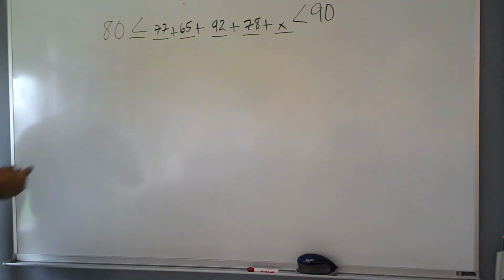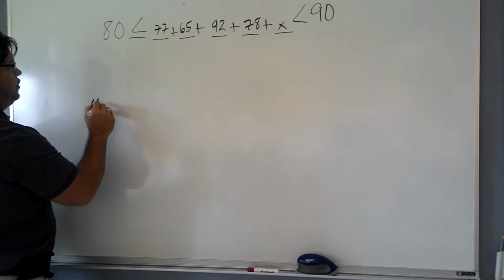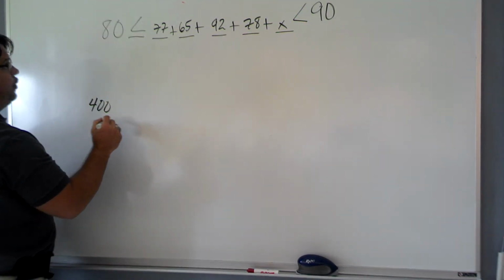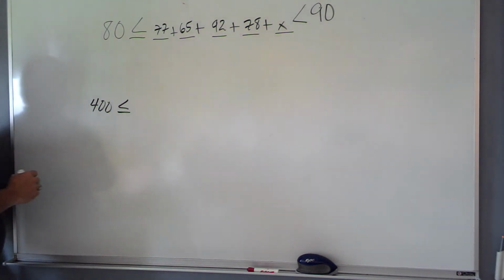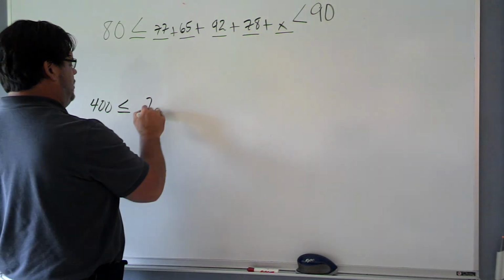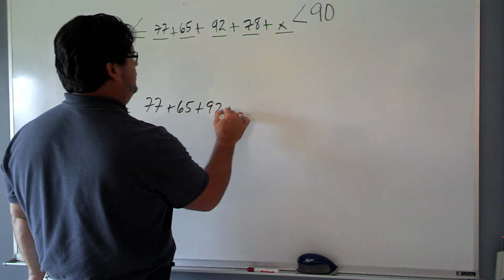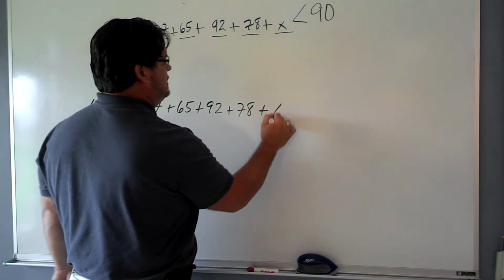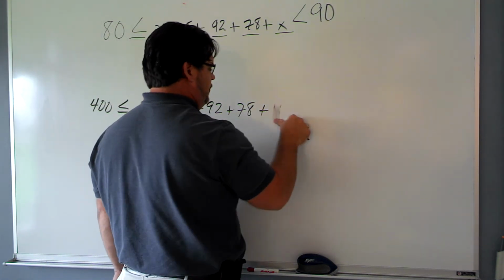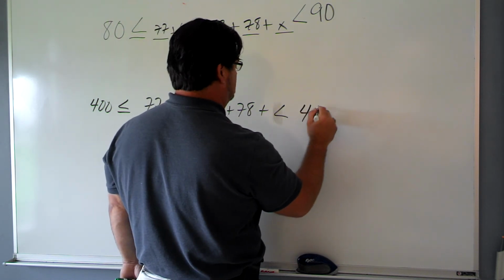So 5 times 80 would be 400 points. Less than, and we're going to write 77 plus 65 plus 92 plus 78 plus X is less than or equal to 90 times 5, which is 450.